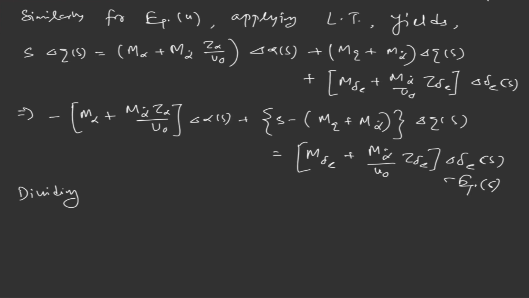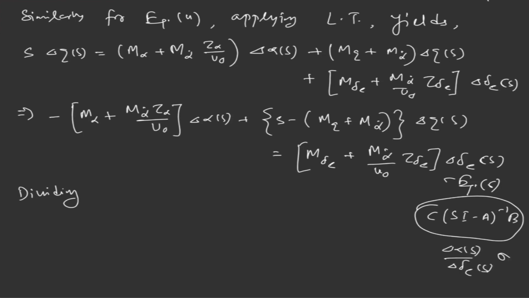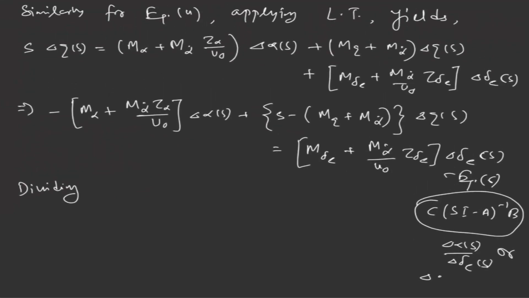Or you can go with the general concept, the SI minus A inverse B. If you want to find delta alpha S with respect to delta ES, or delta QS with respect to delta ES, here we have to modify the B and C matrix and we can find the transfer function. But here we are applying the brute force method, what we did in the previous lecture.